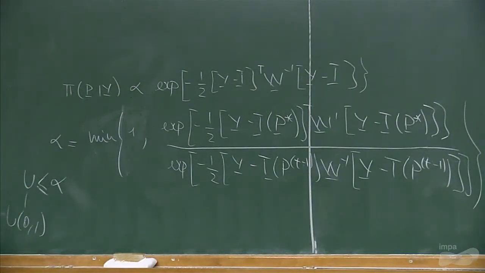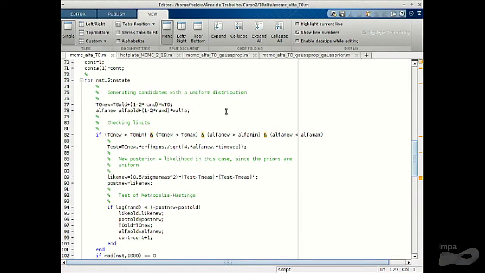So we don't need to waste computational time computing the minimum there. Then I take the logarithm, and if the logarithm is smaller, then minus posterior plus the new posterior plus the old posterior. That's what I meant when I didn't have the minus sign here, because I'm putting the minus sign here.